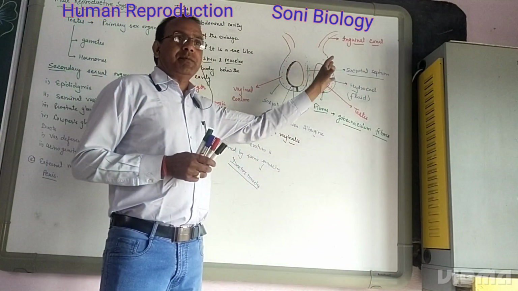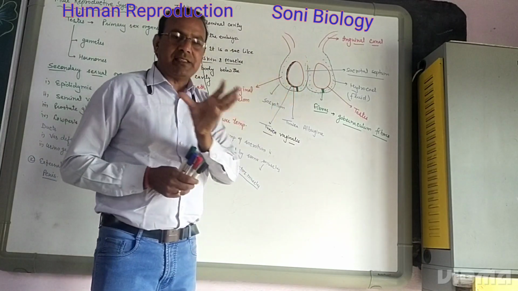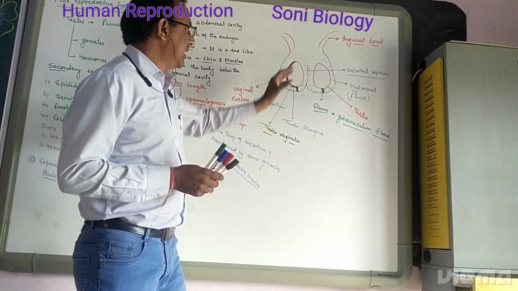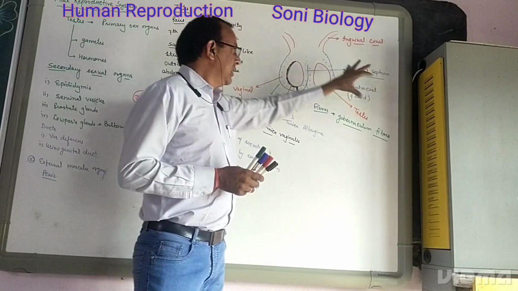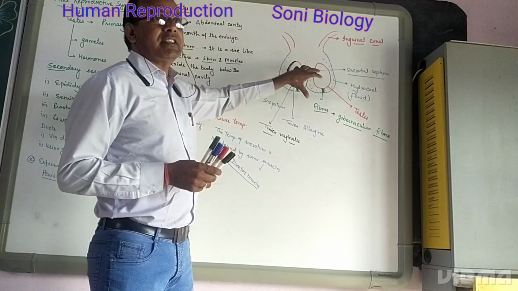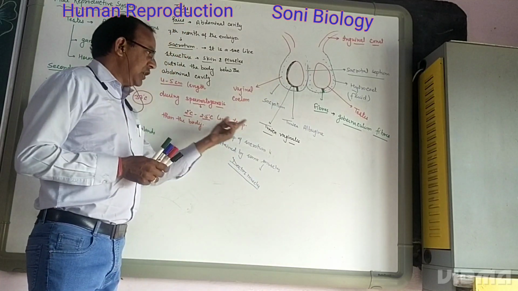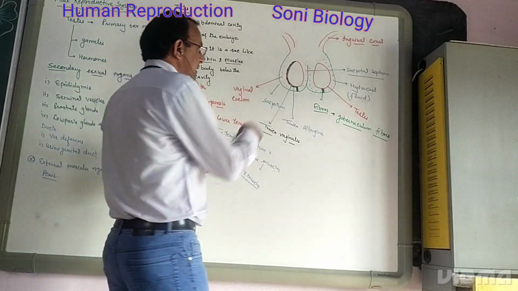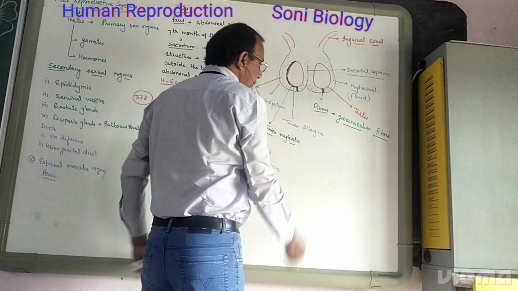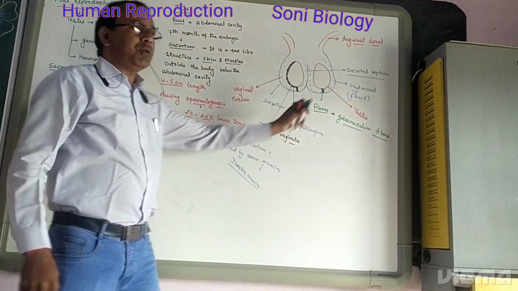There are two sacs or cavities in the scrotum, formed with the help of the scrotal septum. This sac is known as the vaginal cavity. This vaginal cavity is filled with a fluid, that fluid is called hydrocele.